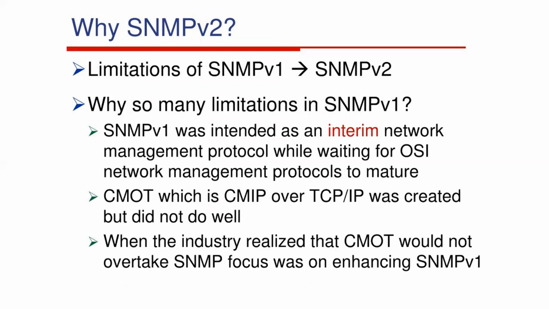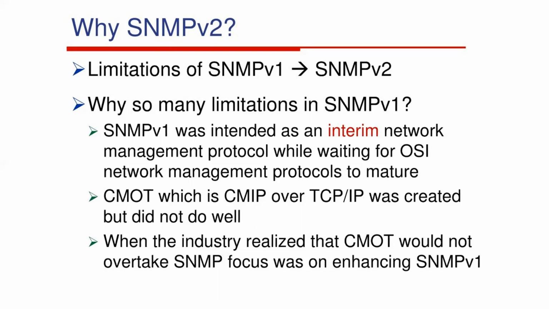Now, why SNMP version 2? There are some limitations, some drawbacks in SNMP v1. That's why we simply move to SNMP v2. What are the limitations? First thing, it was intended as an interim network management protocol while waiting for OSI network management protocols to mature, and then in TCP/IP it did not do well.